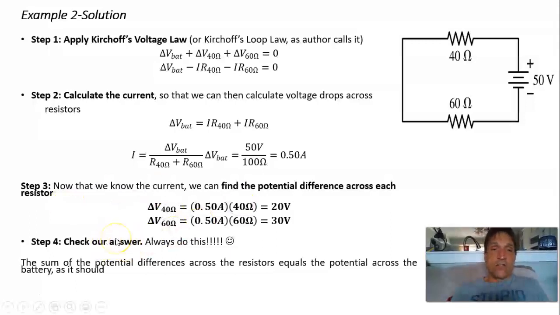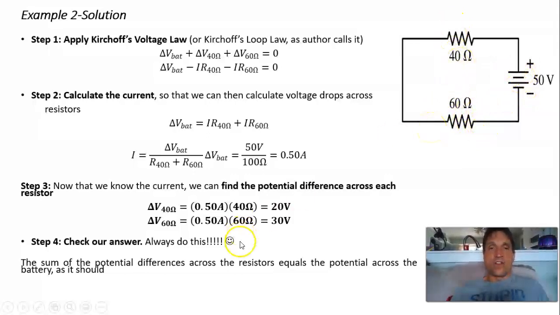Let's check our answer here. So we know that the sum of the voltages has to be 0 around the loop. So 50 volts gained in going across the battery, 20 volts lost in going across the resistor, 30 volts lost going across here. We gain 50 here, we lose a total of 50 here.